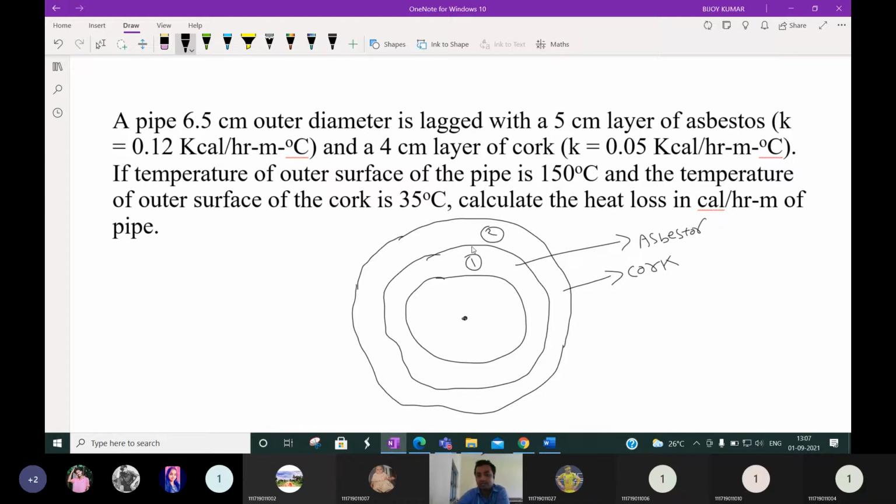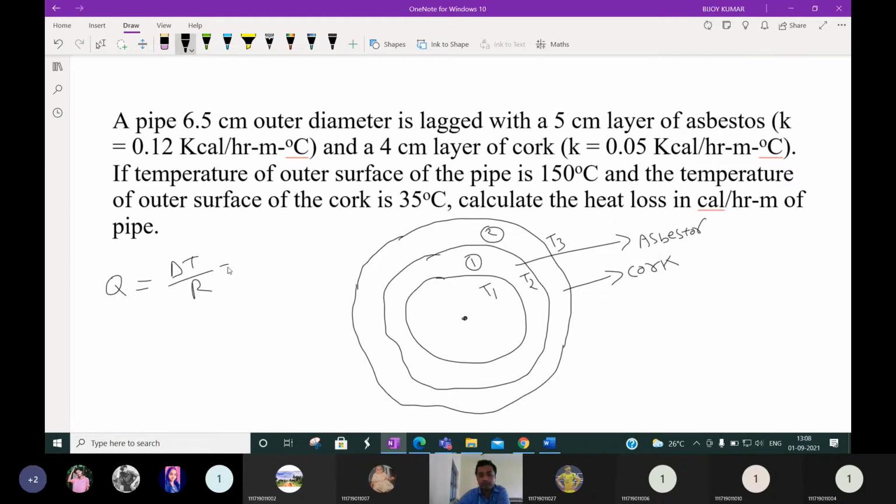So what you can see, it is a composite layer. So for a composite layer, what will be the Q value? Q value will be del T by R. Suppose here temperature is T1, here temperature is T2, here temperature is T3.